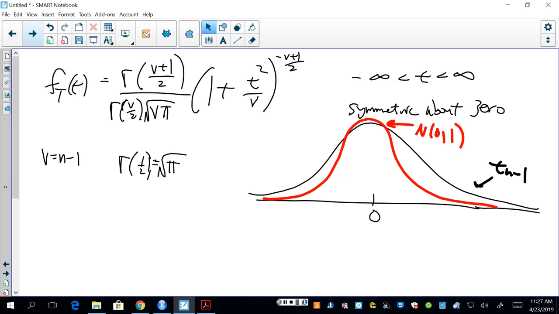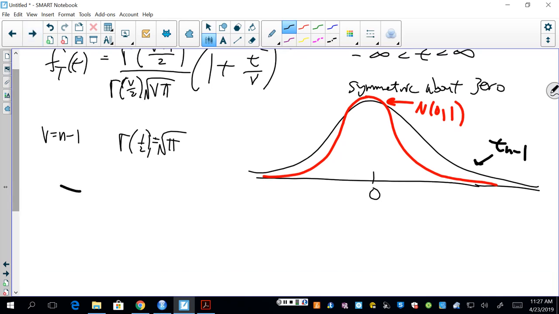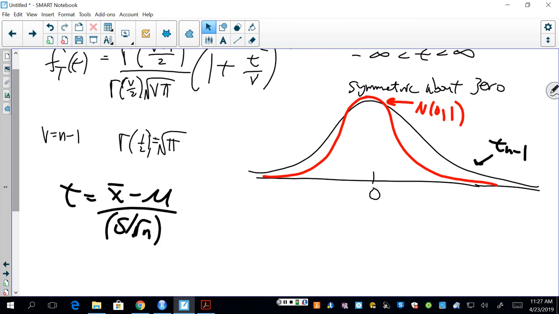That change in probabilities reflects that the formula was x bar minus mu over s over the square root of n. The fact that you have a little higher probability of getting extreme results reflects the fact that you're estimating the variance instead of knowing the variance sigma, because this also has to come from the sample. Sometimes it's going to be small, sometimes it's going to be bigger than sigma.